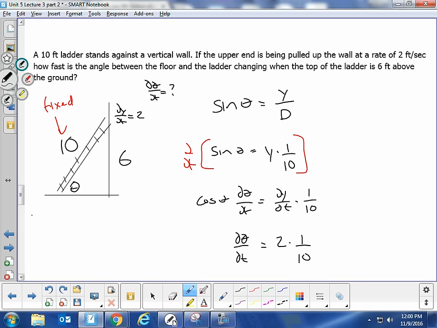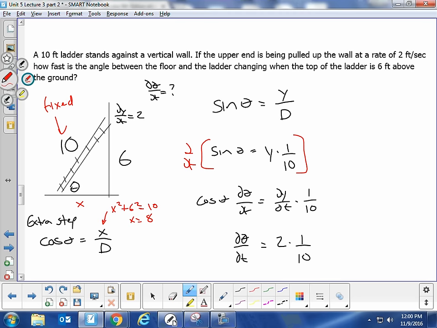So again, here's my extra step. Cosine of theta will be equal to an adjacent side over a hypotenuse. I know the hypotenuse is 10. I need to find x, like an extra two steps. So x squared plus 6 squared will equal 10 squared. I end up with x is equal to 8.